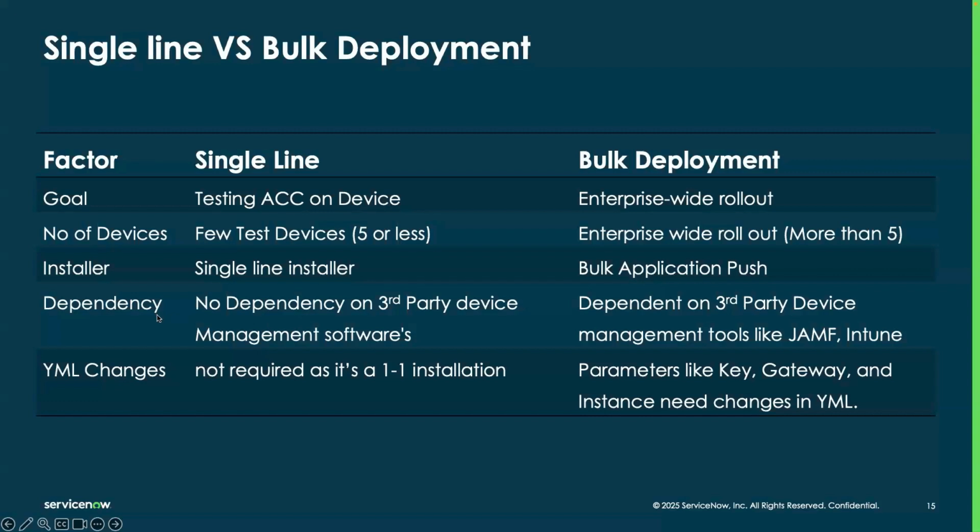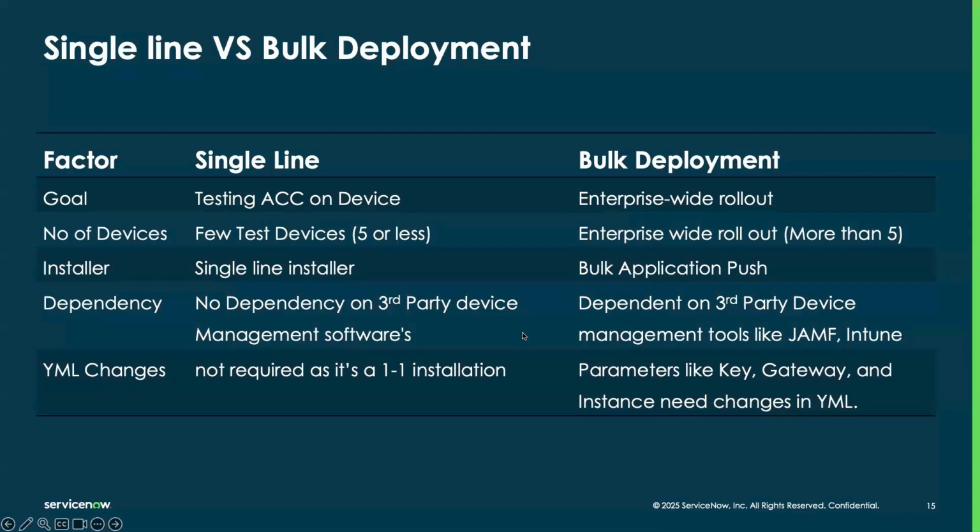There's a dependency perspective too. In case of single line or manual installation, there is no dependency on third-party device management software. In case of bulk deployment, yes, it depends on a third-party device management tool, some of them like JAMF or Intune.